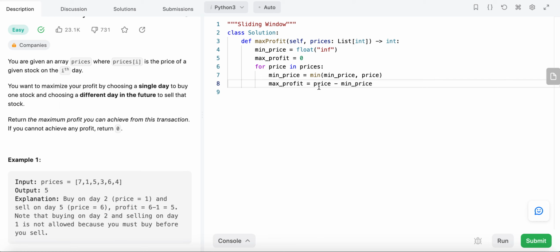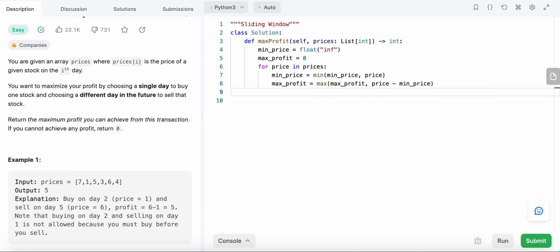So our maximum profit is the maximum of the maximum profit and the current profit, which is the current price minus the minimum price so far.